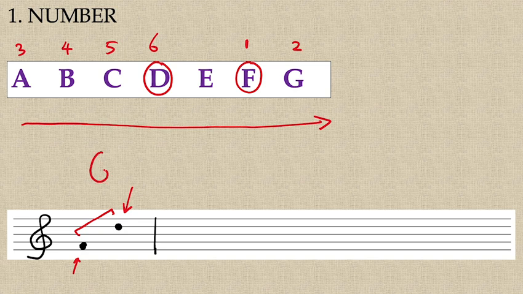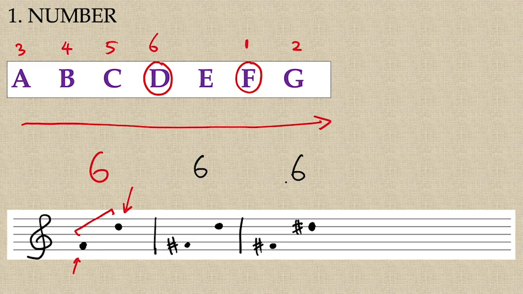As I mentioned before, to figure out the number portion of an interval, we do not care about the accidentals that are applied to the notes. So if we have F sharp to D, this will still be a 6, because the letters are F and D, and we ignore the sharp on the F. F sharp to D sharp would also be a 6.